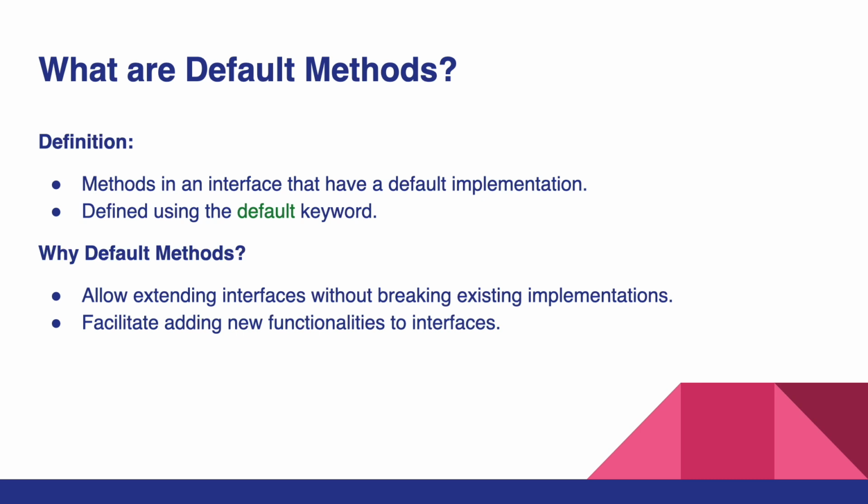The keyword default is used to define these methods, allowing you to extend existing interfaces without forcing all implementing classes to override the new method. This addition enables smoother interface evolution and is particularly useful for libraries or frameworks where backward compatibility is crucial.